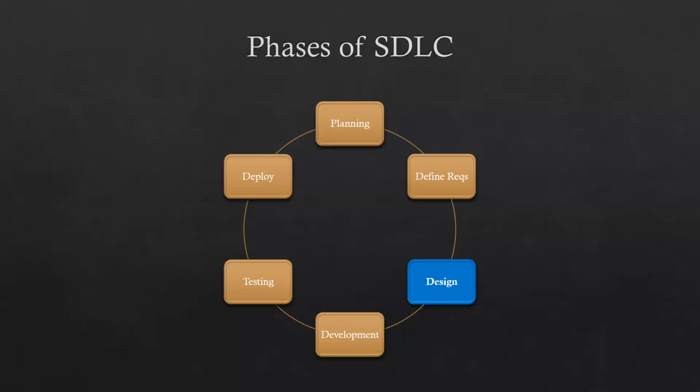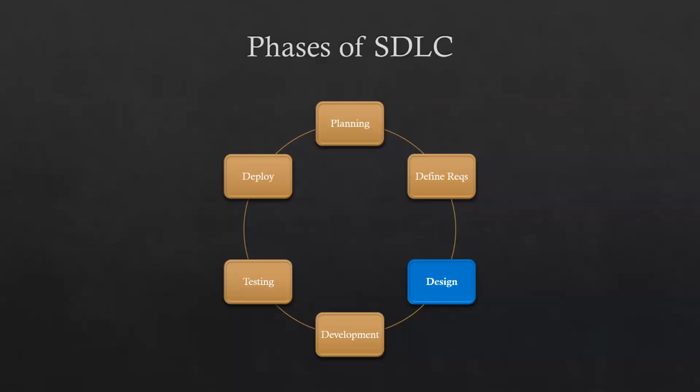Also, we determine what type of architectural modules there are and how those modules are going to communicate, whether it is HTTP, WebSockets, or etc. And how the data flow is happening, what type of database we are going to use, whether it is NoSQL or a relational database, and what kind of third-party integrations we are going to do. Then we are going to design the user interface prototypes by using tools like Figma.